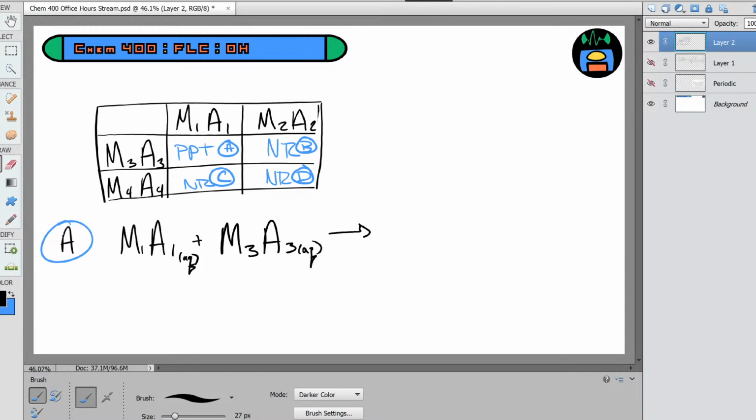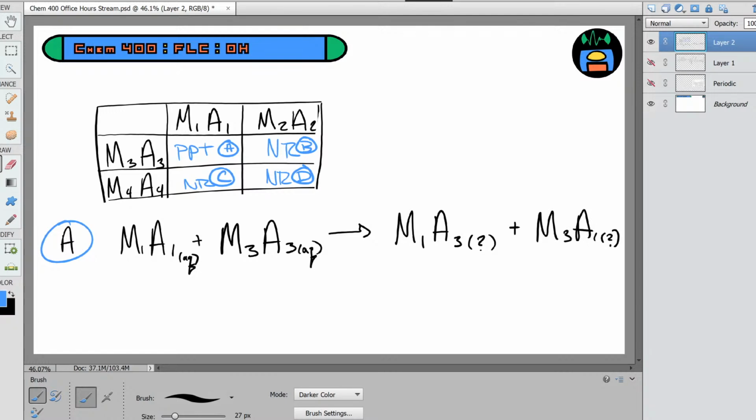And because we get a precipitate, and remember, with each one of these, you swap your partners. Metal 1 pairs with anion 3. Metal 3 pairs with anion 1.